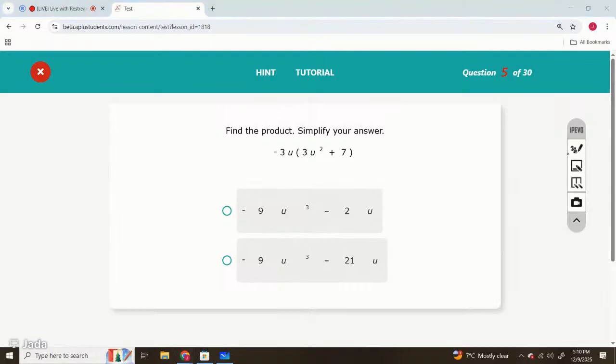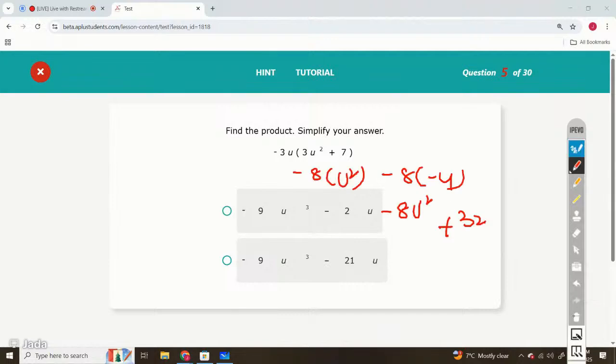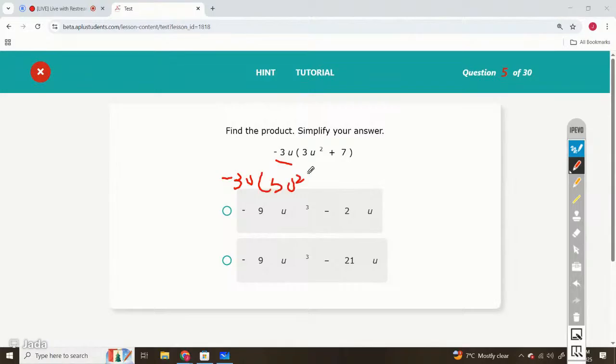Negative 3u times 3u square plus 7. We need to apply the distributive property, right? Negative 3u times 3u square and negative 3u times 7. So 3 times 3 is 9, negative 9u cube, sorry. And 7 times 3 is 21, minus 21u.